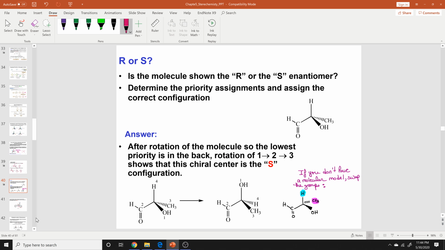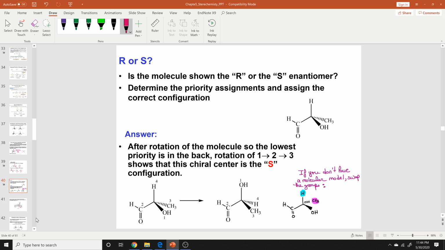Is the molecule R or S in here? Now, this is the trick. Hydrogen, the lowest priority group, is not behind. So either do it with the molecular model or do it with swapping. But if you swap, you get the configuration of the mirror image, so you have to change your configuration.